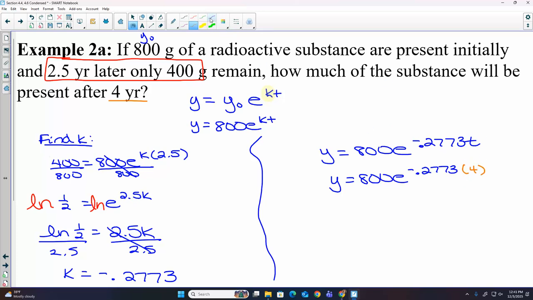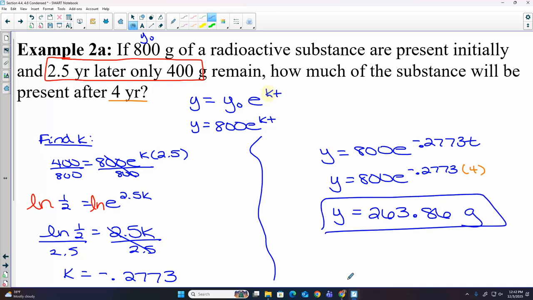And I can just put all this in my calculator. So we would have 263.86 grams at that time.